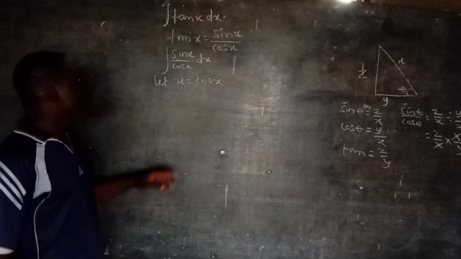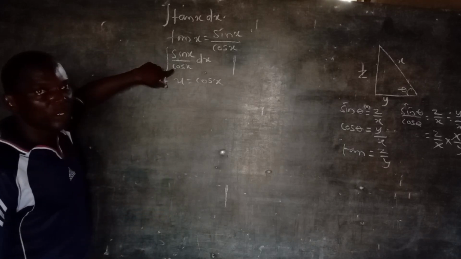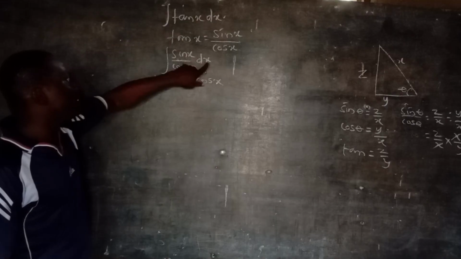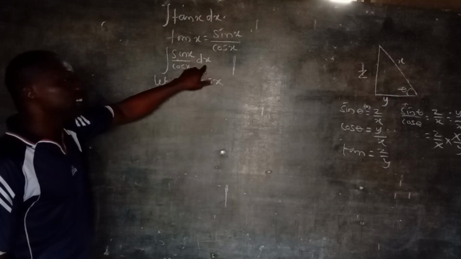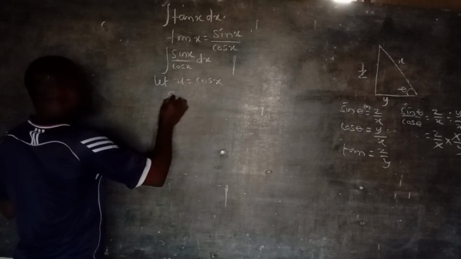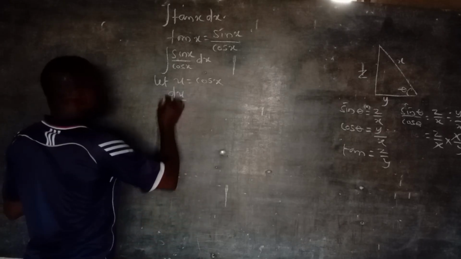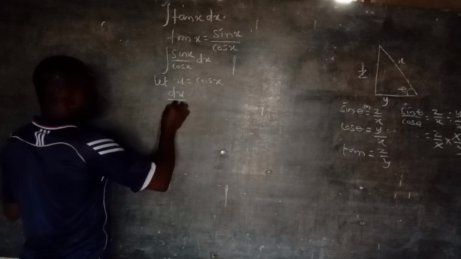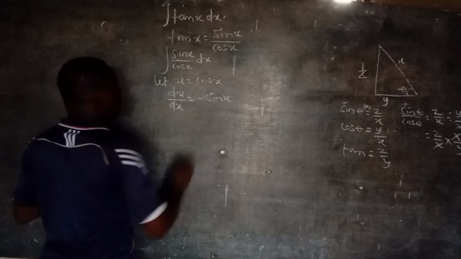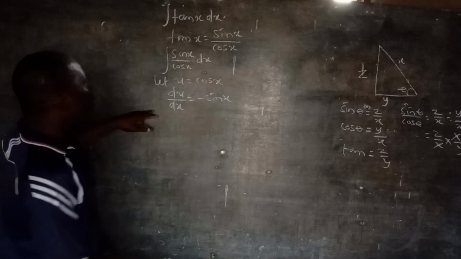Because if we differentiate this, it's going to give us something like this. So we'll try to eliminate the x. We differentiate u with respect to x, and this gives us negative sine x.